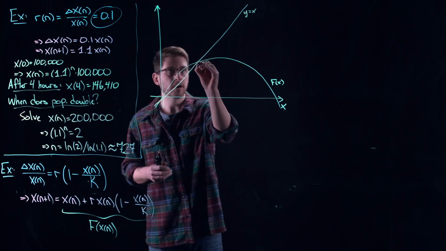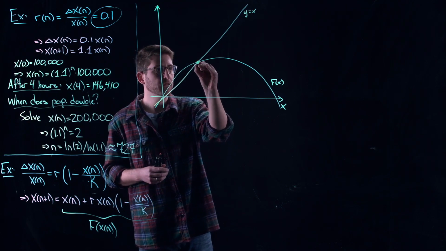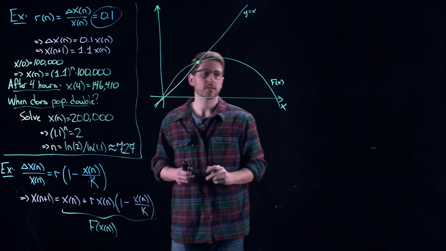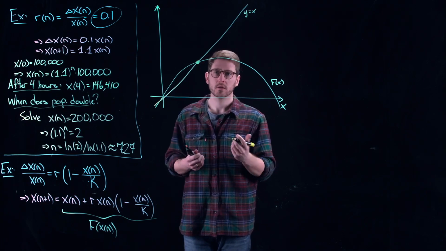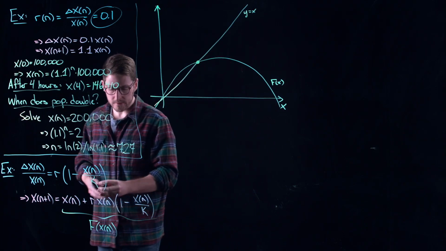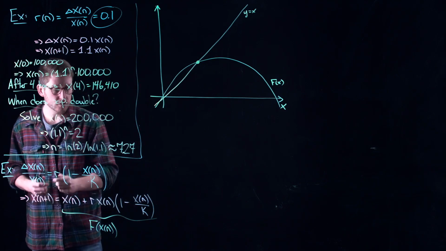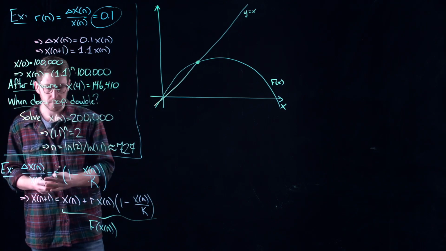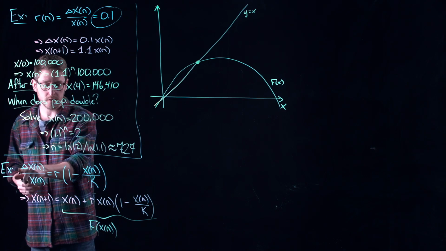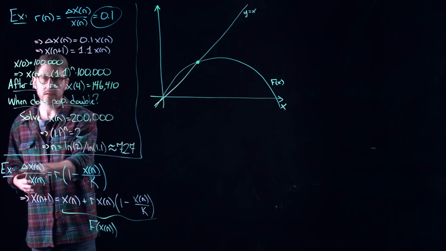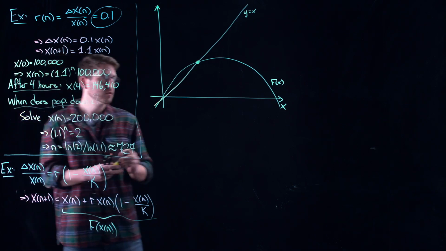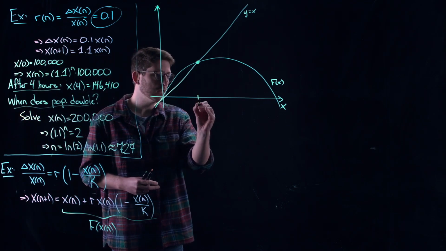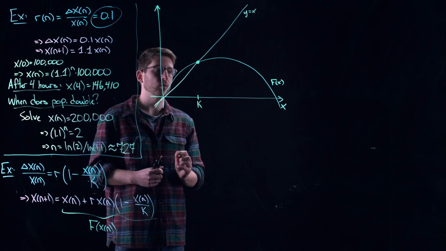They intersect at a very important point. In fact, they intersect at the equilibrium point. Right? So this is exactly the point where there is no change in your system. Now, if there's no change in your system, delta x is equal to 0, which means that x is equal to K.